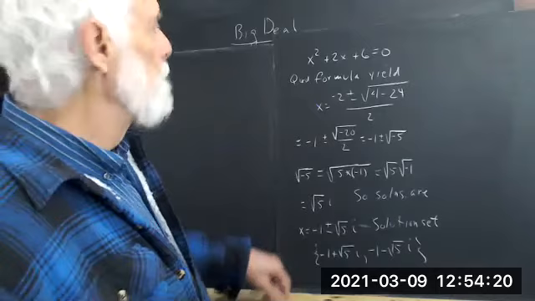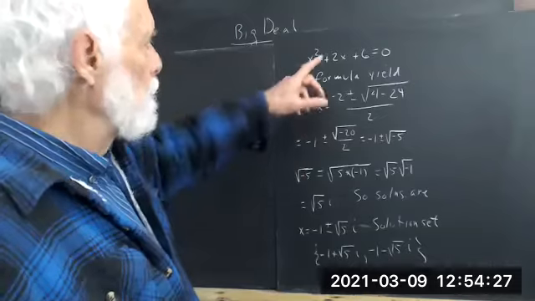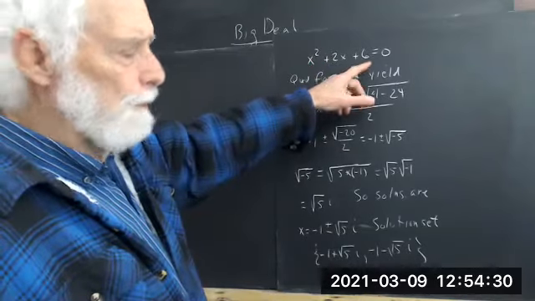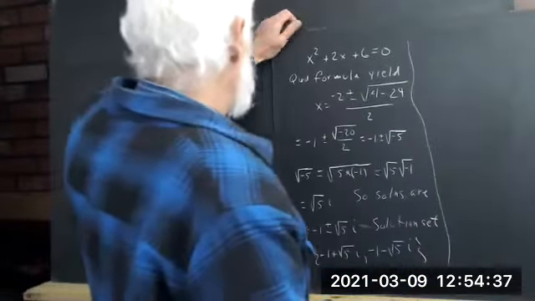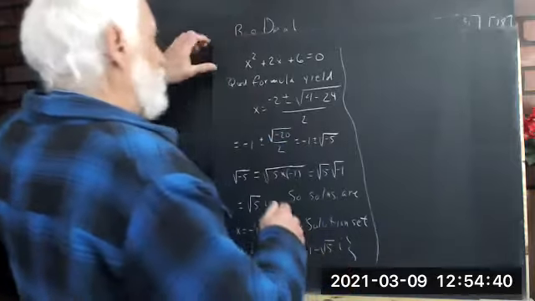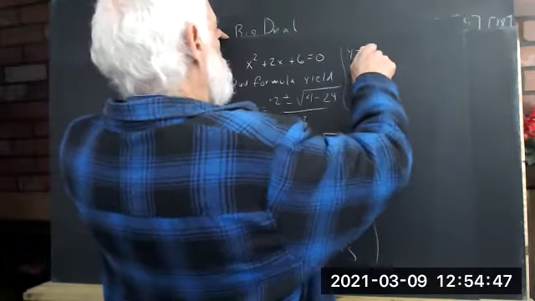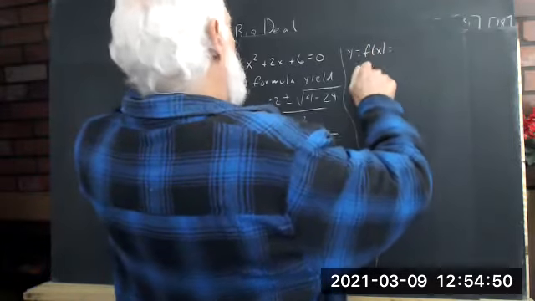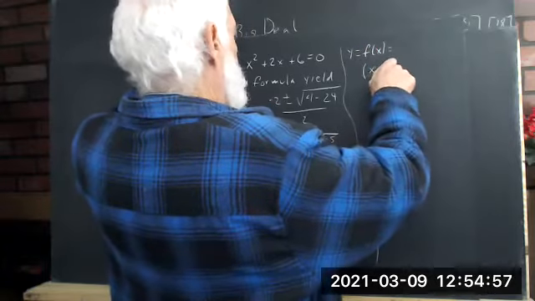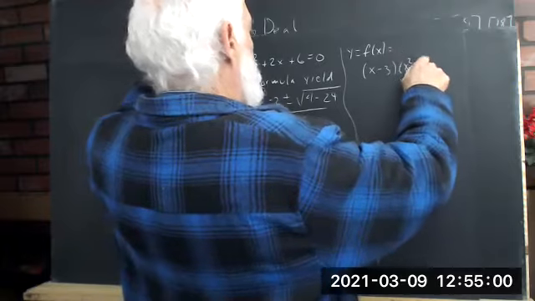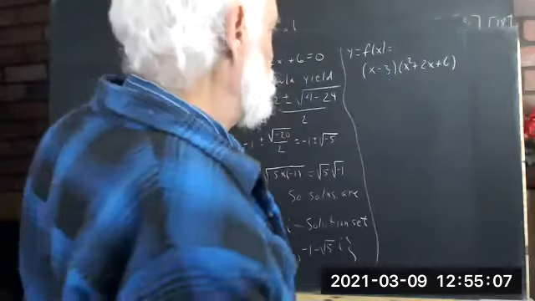Okay, so we've got this. Now, if we were to multiply this equation by, let's say, x minus 3 times the quantity x squared plus 2x plus 6.